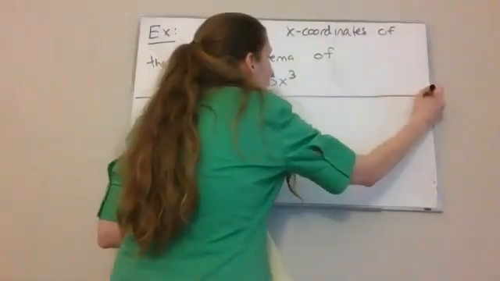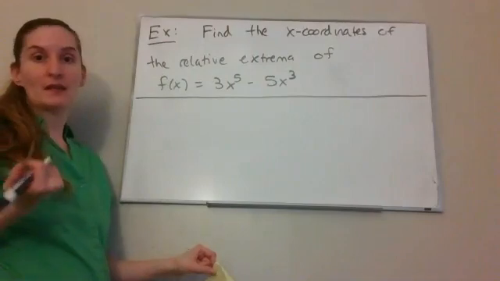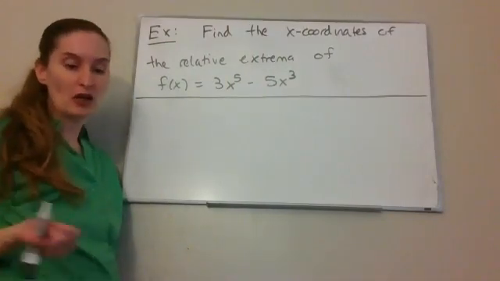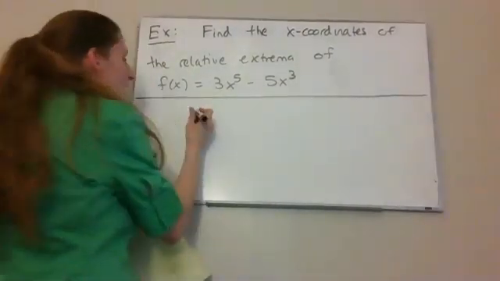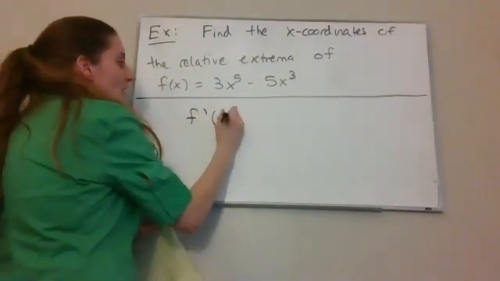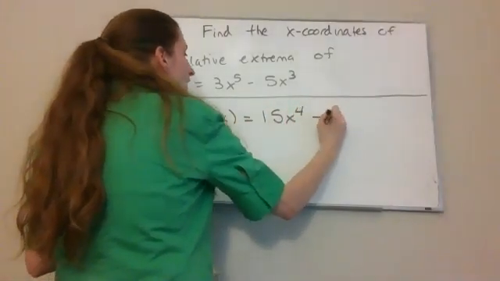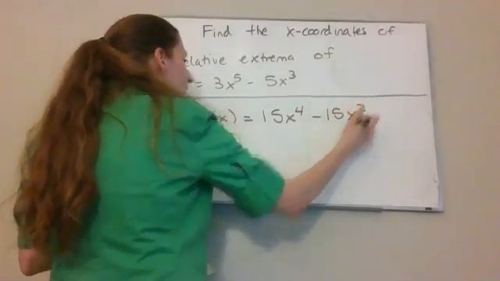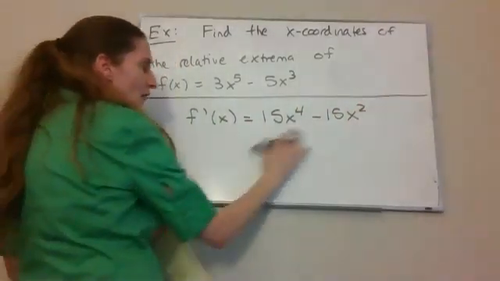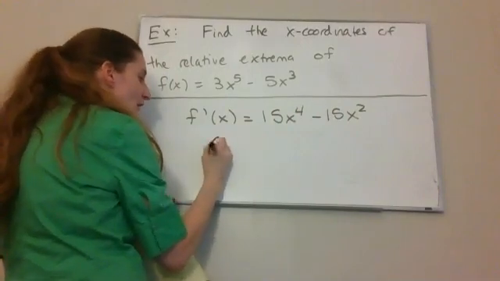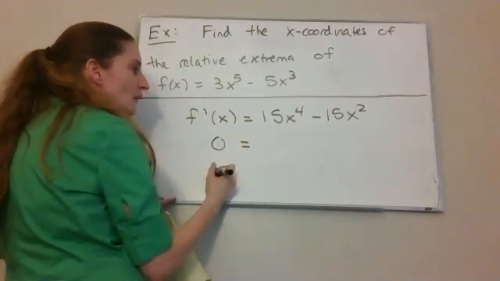Well, first, I have to find my critical points, because we know if there are relative extrema, they're going to occur at our critical points. So take your derivative to get 15x to the fourth minus 15x squared. And notice this is a polynomial, so it's never going to be undefined. So I just need to find where this is equal to 0.